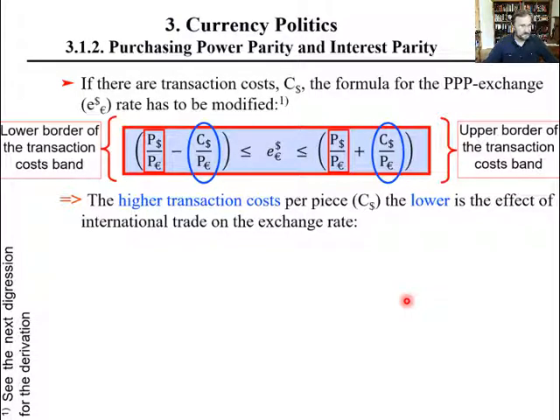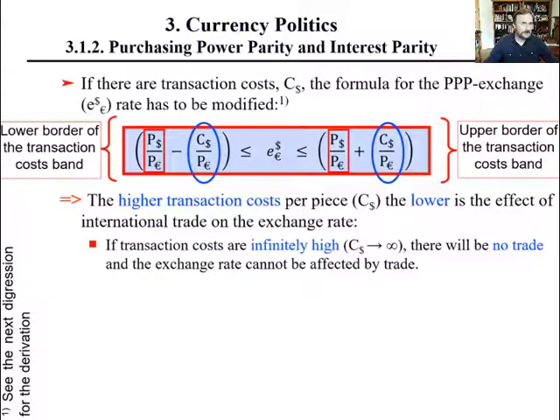For example, if you have two currency areas which prohibit international trade, which live under autarky, the transaction costs would be infinitely large, and therefore the exchange rate can of course not be affected by international trade. If transaction costs are actually infinitely high, there will be no trade and the exchange rate cannot be affected by trade.